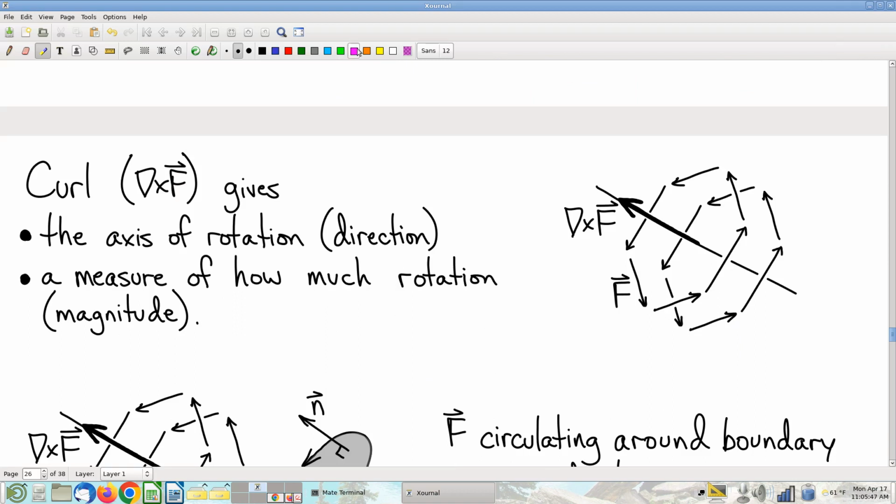Curl pointing like this tells you that the fluid, the rotational aspect of the fluid, whatever it is, and again I have it here a pretty generic example of a fluid literally going around in circles. Not that it always does that, right? But if there is a circulation, that circulation's got to be naturally around a certain axis. The curl points in the direction of the axis that rotation is around.